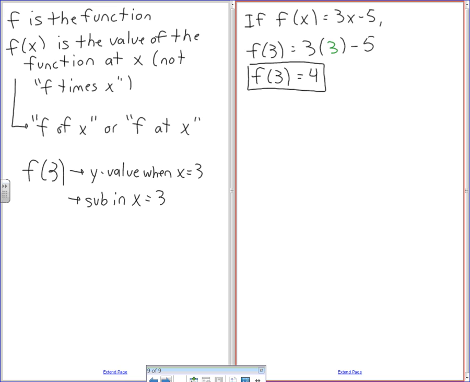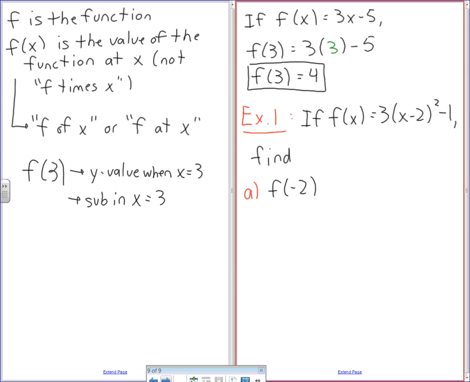Okay. Next up. Example 1. We're going to say if f of x equals 3 bracket x minus 2 squared minus 1.